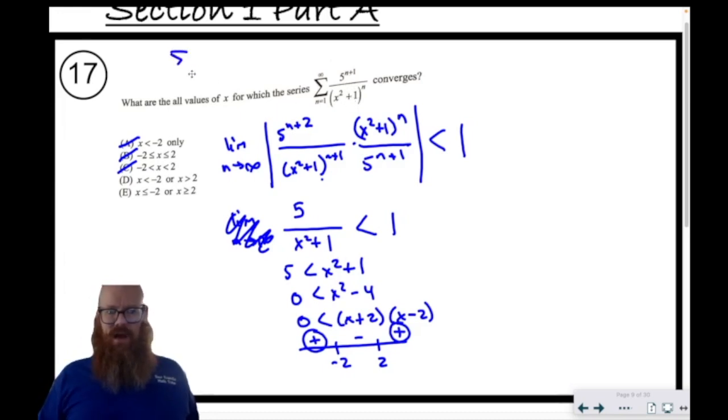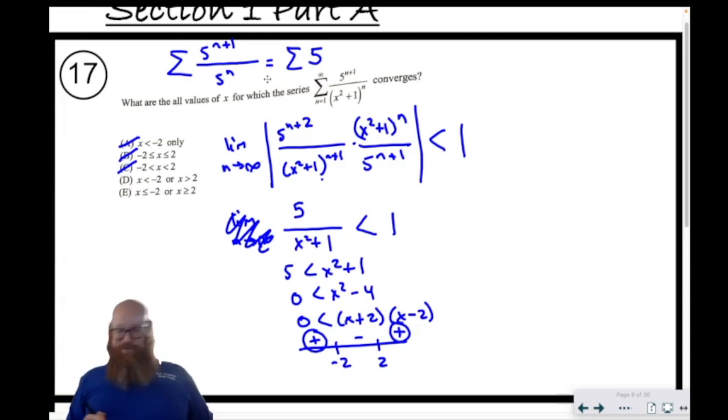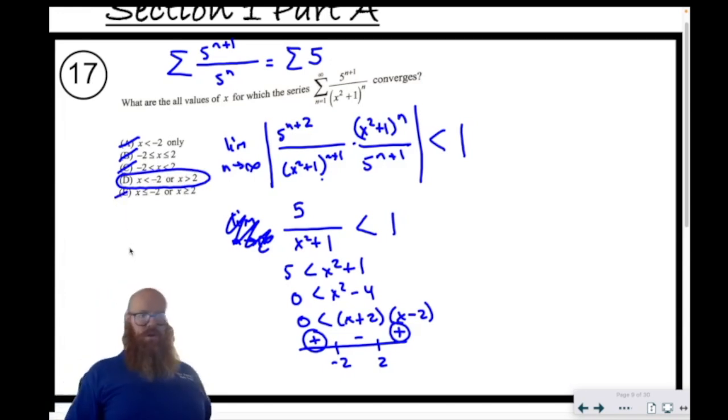So I get the sum of 5 to the n plus 1 over 5 to the n, which is just 5. So imagine adding 5 forever. That is definitely going to diverge. So that is going to be D because I don't need to check the other one. It's the only one where we're not including 2, which means we're not going to be including negative 2 based off of our answer choices.